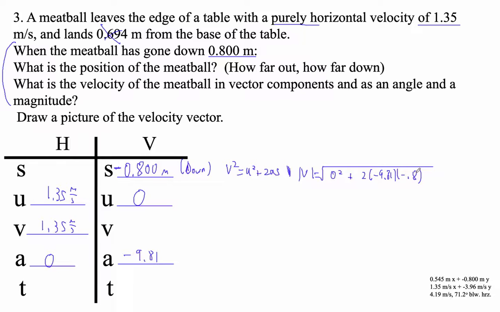I'm going to store that in the variable v. I'm getting 3.9618. And of course, we're going to choose that it's going down at that speed.